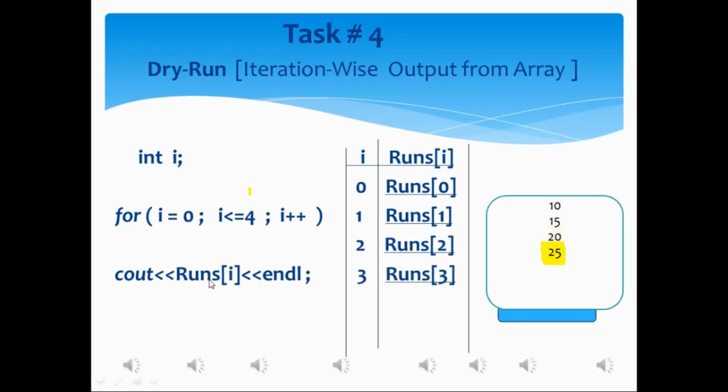The fourth iteration? 25. The fifth iteration? 30. But if you look over there, a sixth iteration could not be possible because the condition gets false.